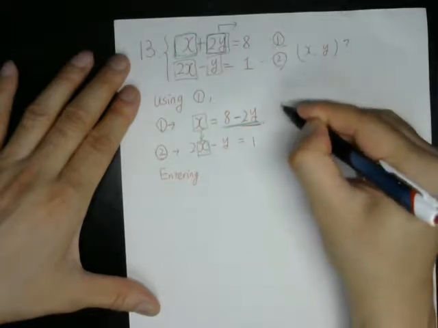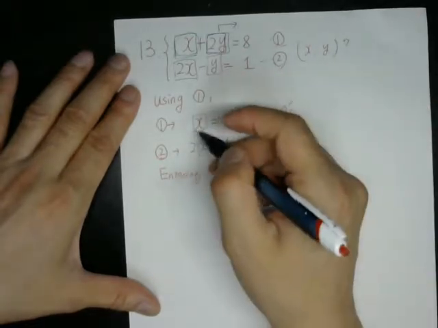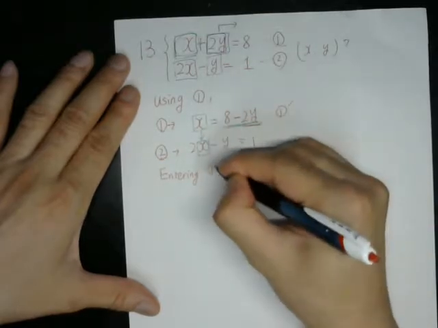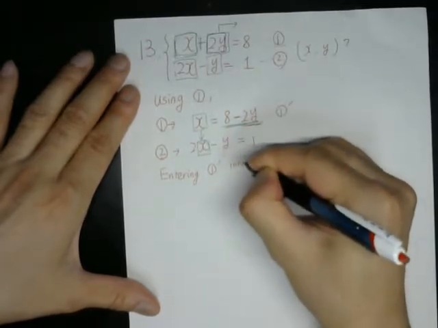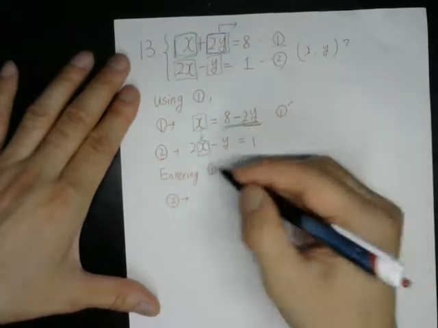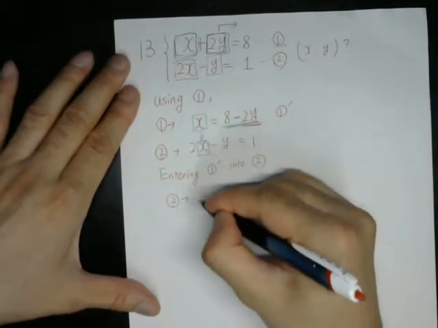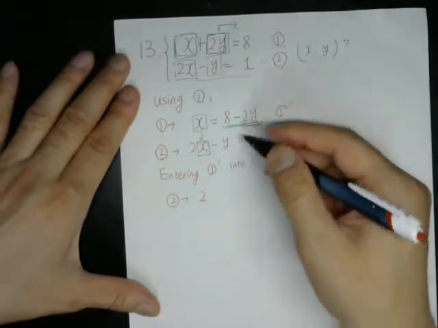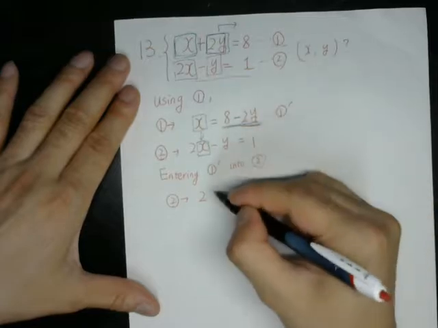let me call this 1 prime or something, because it's derived from the equation 1 into 2. Yeah, 2 is now written differently because this x in the second equation is now replaced by 8 minus 2y.